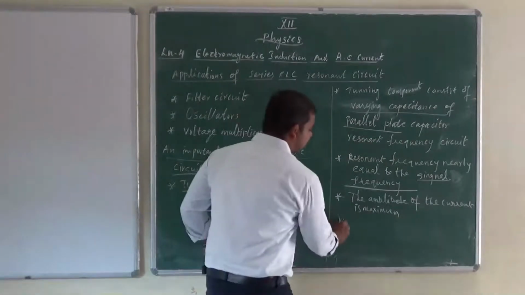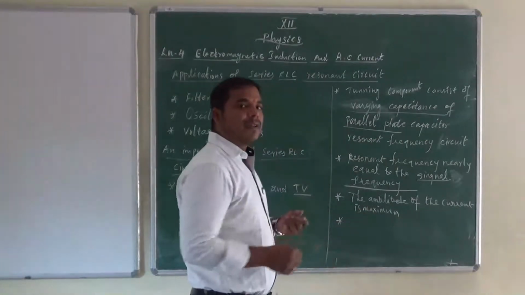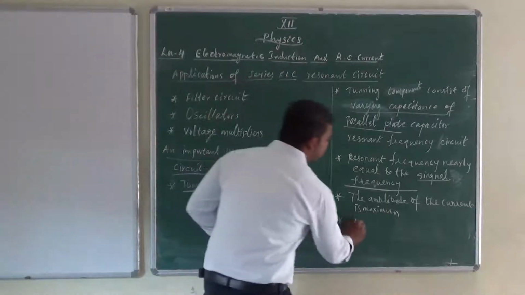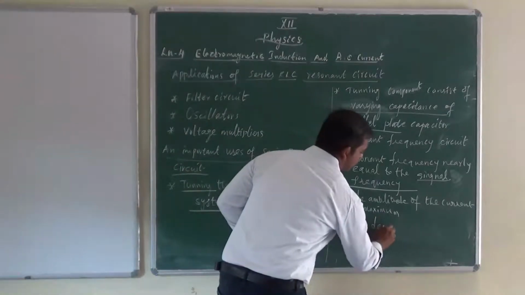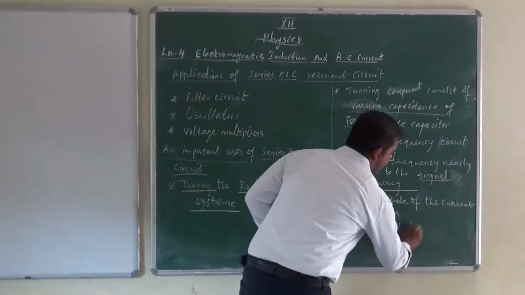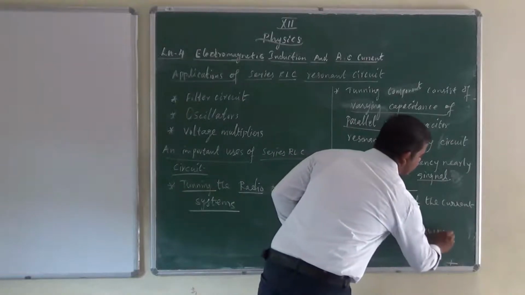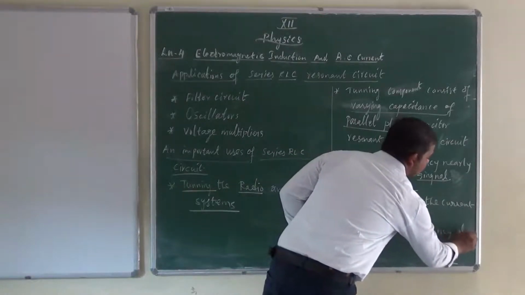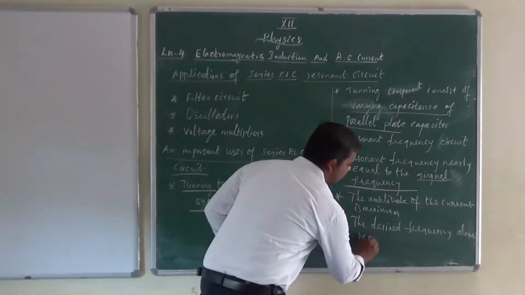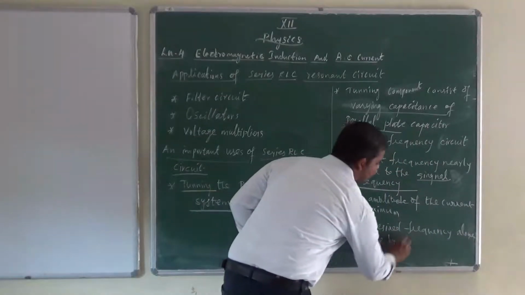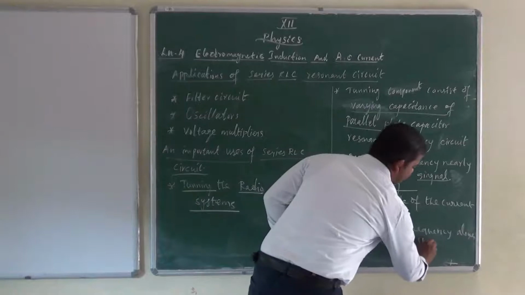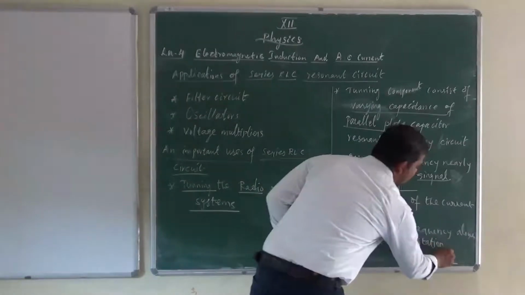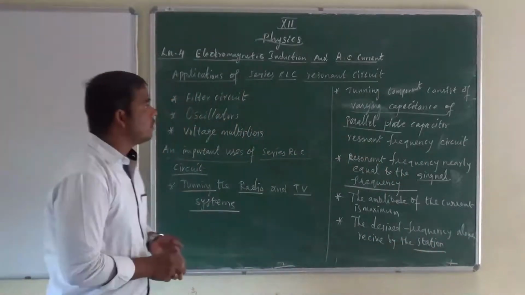Only then is the resonant frequency equal to the signal frequency. When the amplitude of the current is maximum, at that time the desired frequency alone is received by the station. These are the conditions. Okay.